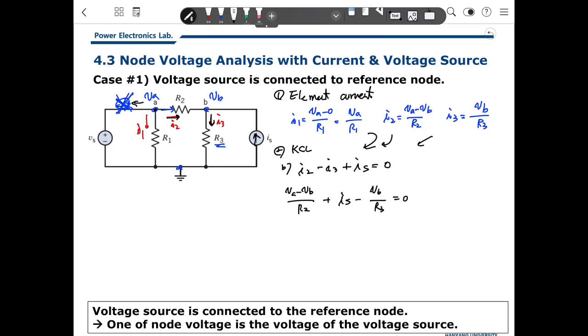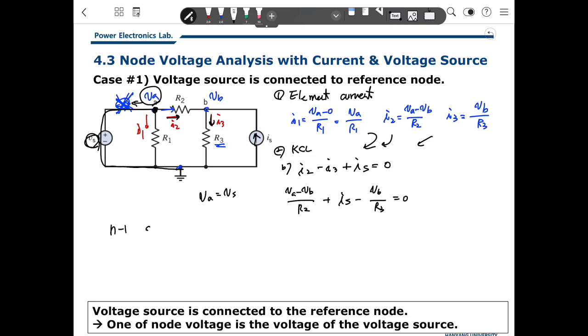Even though we will not use node A, here we have one simple hint. Instead of using the node voltage at A, we get VA is VS, because that is connected in this way. So why do we use the node equations?